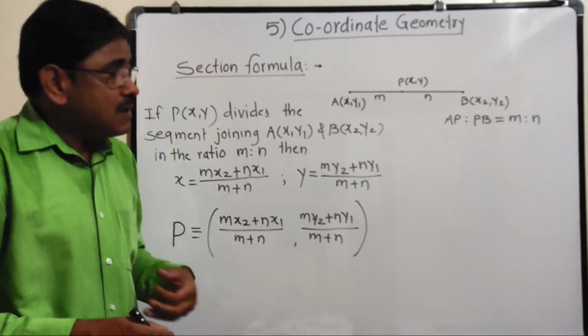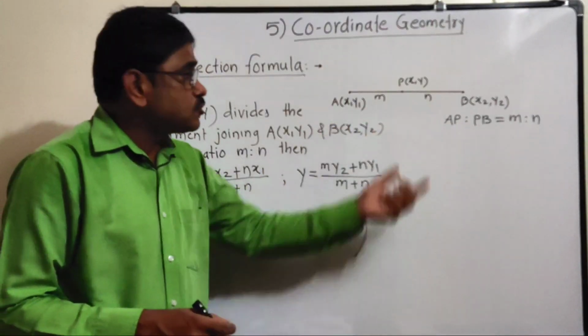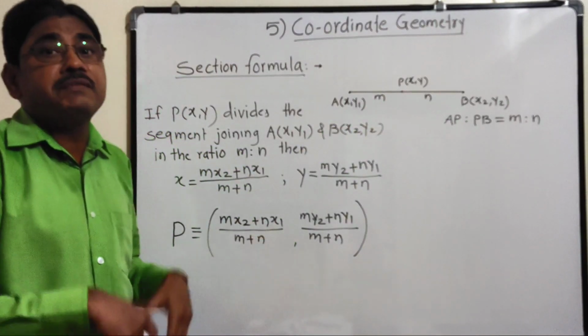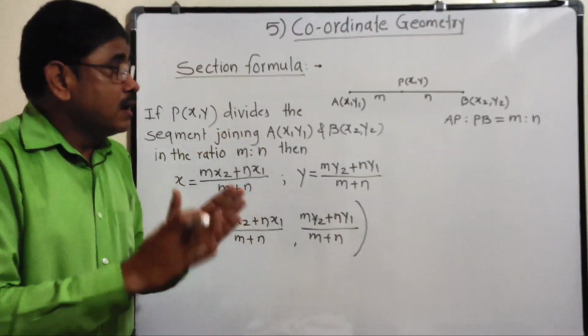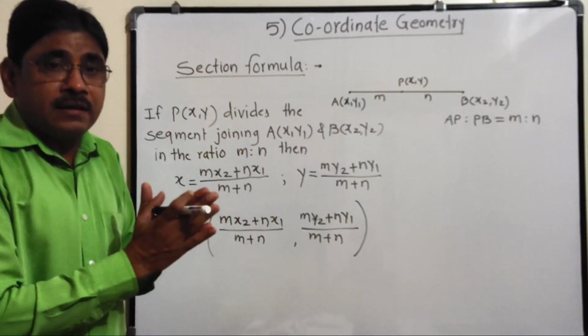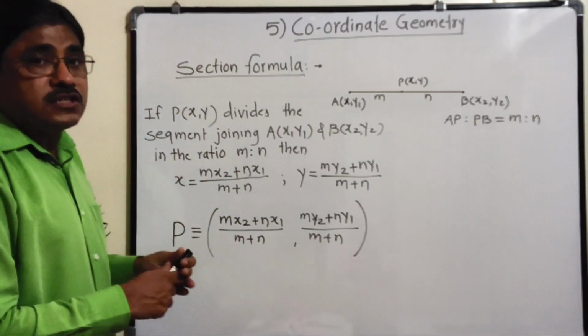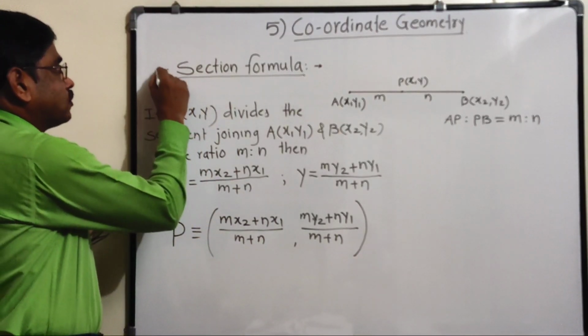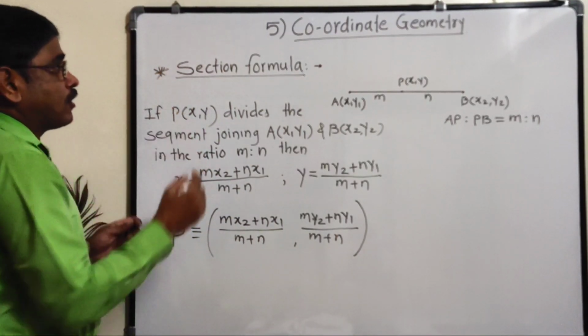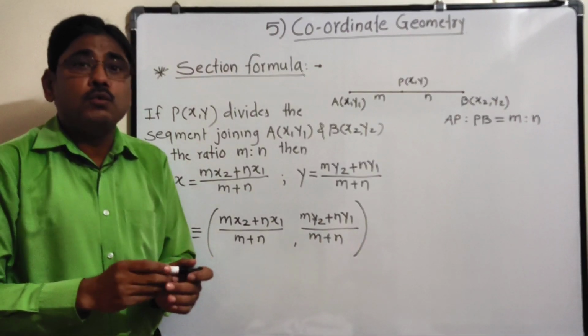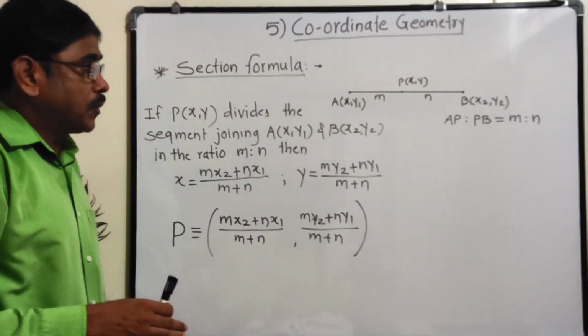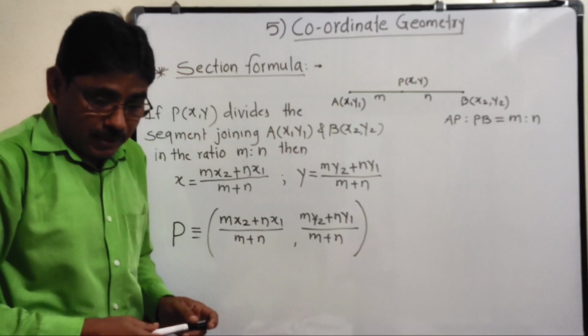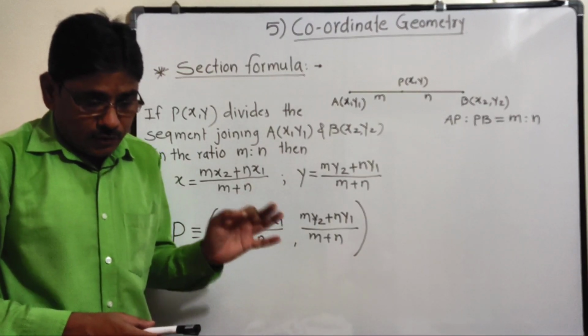Then if we have to find the coordinates of the point which divides that segment AB in the ratio m is to n, we have to use this section formula. For practice set 5.2, this formula is very important. So remember this formula, that is called the section formula.